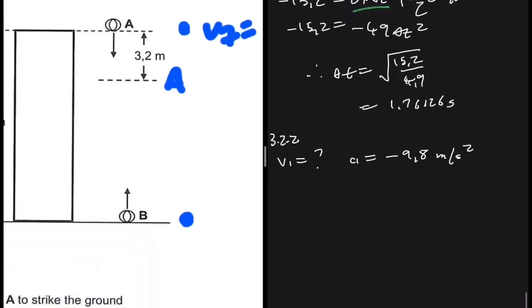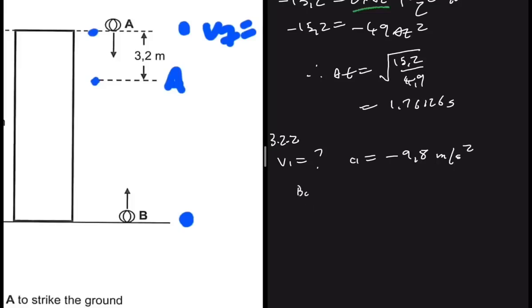So we can say that the total time of ball A minus the time taken by ball A to go from maximum height to 3.2 meters below the maximum height will give us the time for ball B. Right, so let's go ahead and do that.